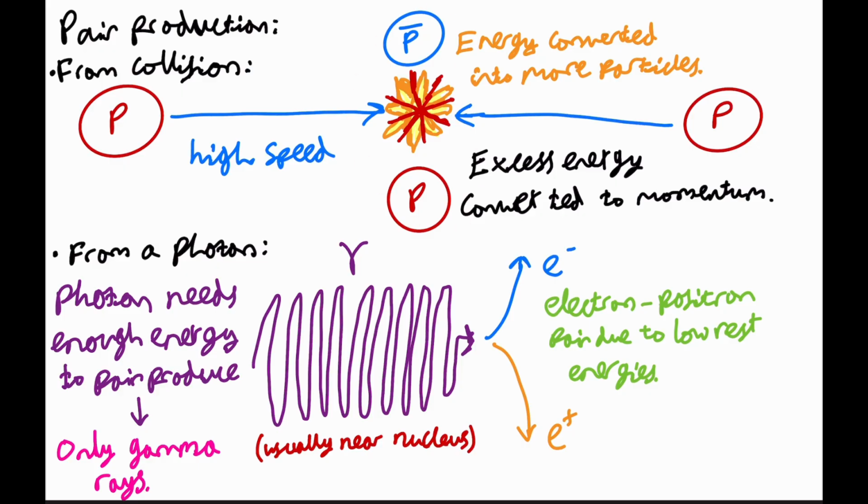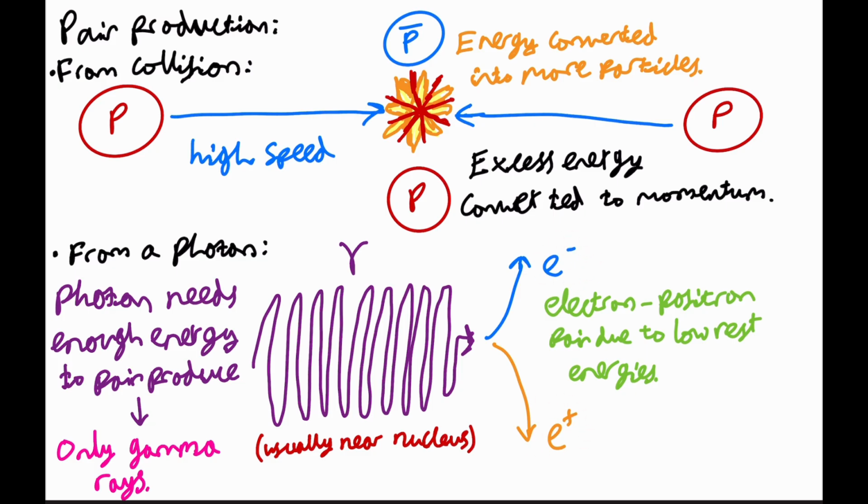And you can also do pair production from a photon, which needs a high enough energy to pair produce. So it would be like a gamma ray, because gamma rays usually have the highest energy photons, with a really, really high frequency. And when it has a really high frequency, it has a chance of splitting into an electron and positron pair, which is pair production because you have the particle and antiparticle.